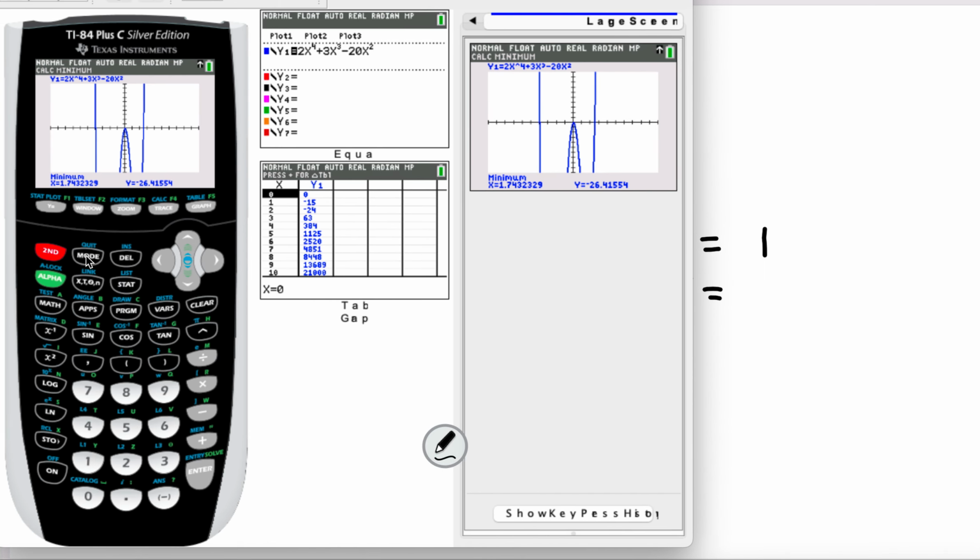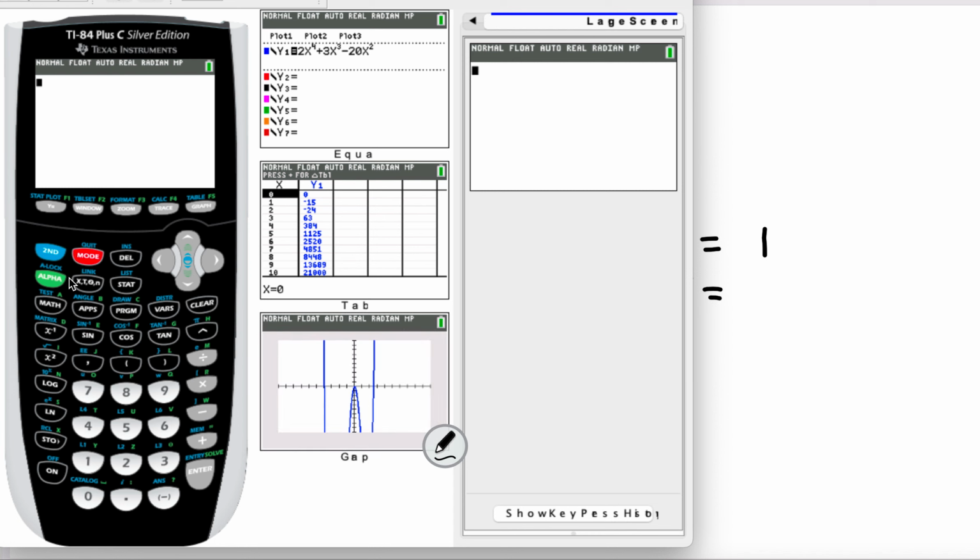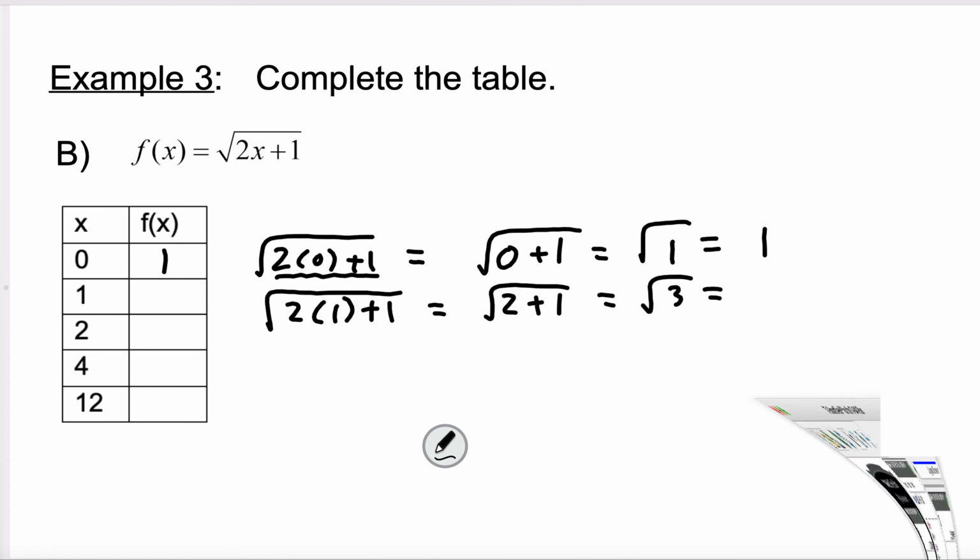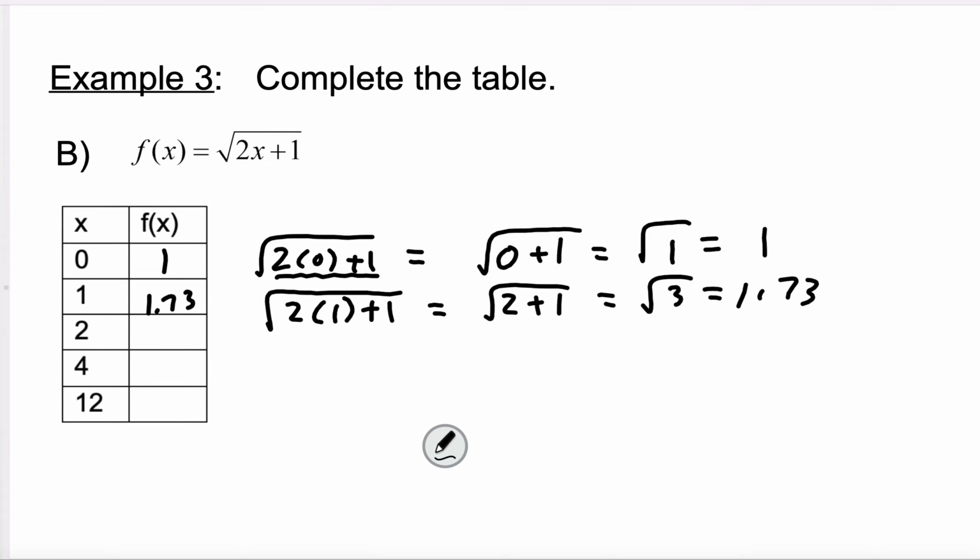So I'm going to do second quit just to get out of that. My square root is right above the x squared key, so I'm going to go second x squared, and I can put in 3, hit enter, and it's going to tell me it's about 1.73. I'm just going to go out 2 decimal places. So 1.73 about.